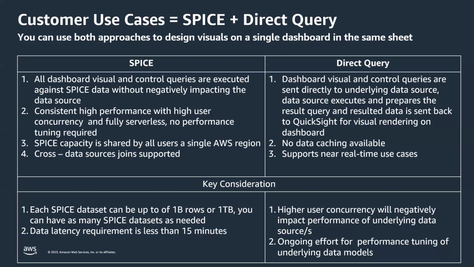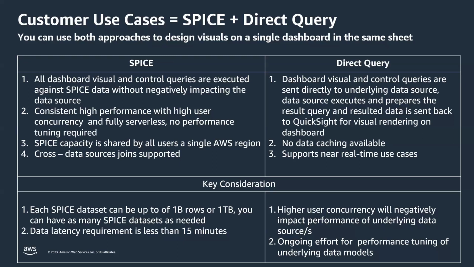For direct query, some of the considerations here are higher user concurrency. So if your users increase from 100 users to 100,000 users, all the queries generated by these 100,000 users will be sent back to your database. So the load on your underlying database will be impacted.